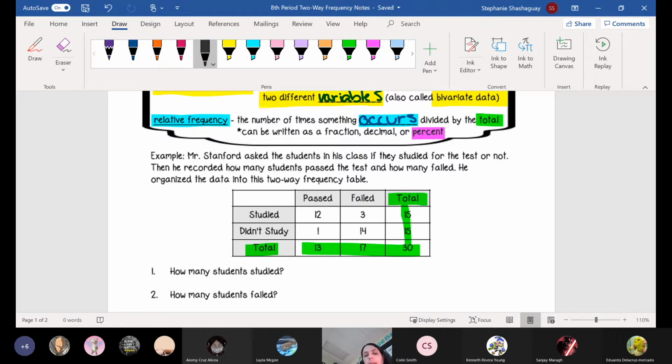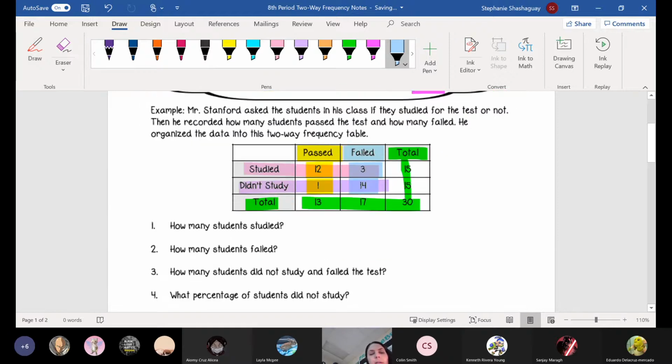So when I'm looking at this table, I'm going to highlight my rows, which are students who studied and students who didn't study. And then I'm going to highlight my columns. I have students who passed, and I have students that failed.